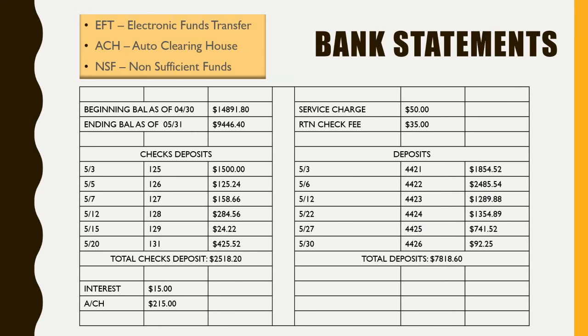If you set up an electronic funds transfer and you charge your customers an additional fee for the convenience, that's going to be considered either extra income to you or an auto clearinghouse, or you can have it as interest, right?